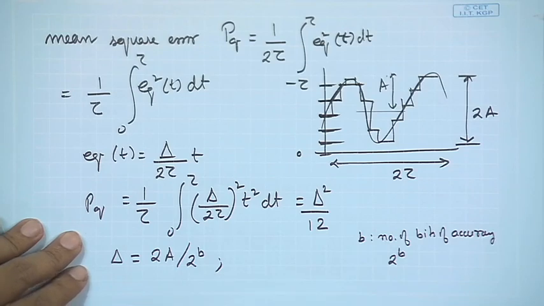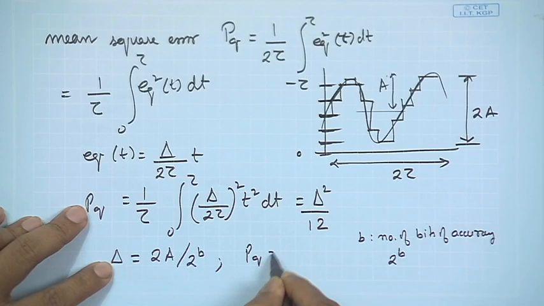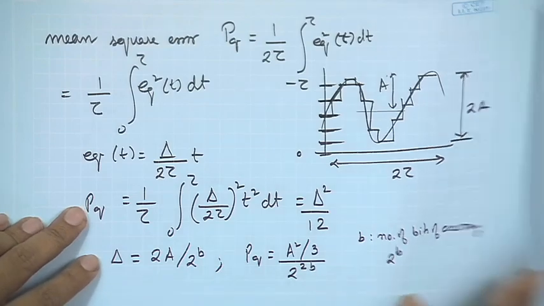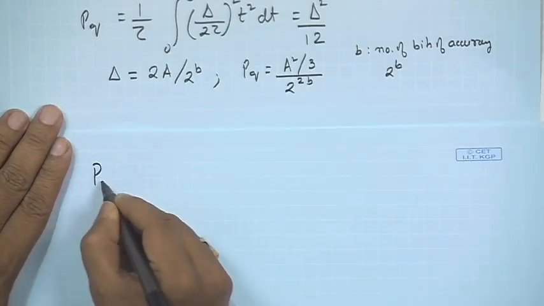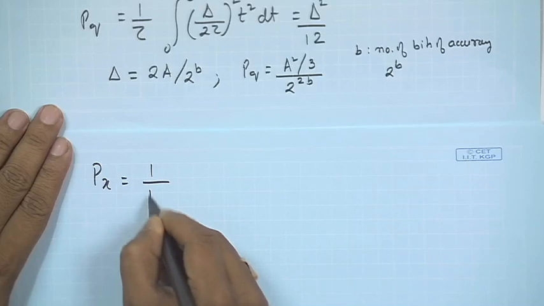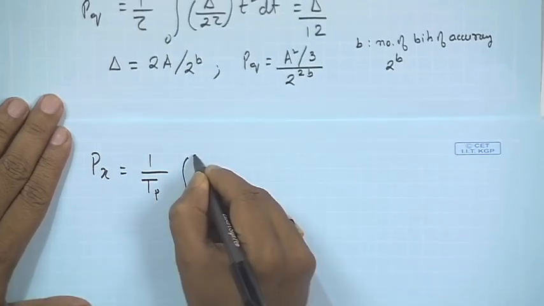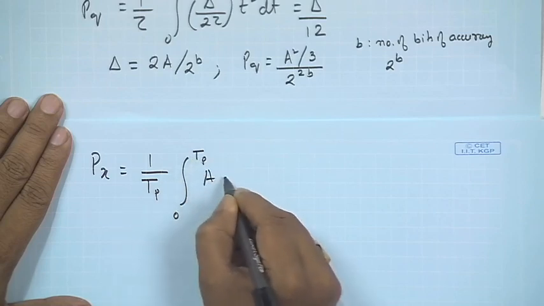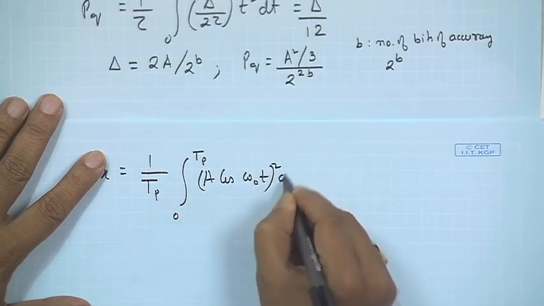In this case, if we use this expression here, we can calculate Pq to be a squared upon 3 by 2 raised to the power of 2b. Now, if we proceed and consider the average power of the signal, Px is equal to 1 by Tp, taking one period of the sinusoid, integral 0 to Tp of a cos omega naught t squared dt.